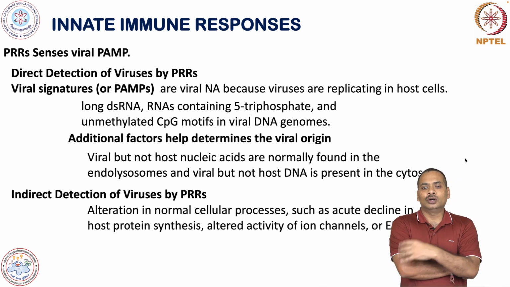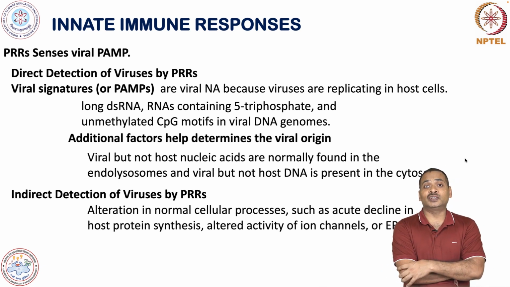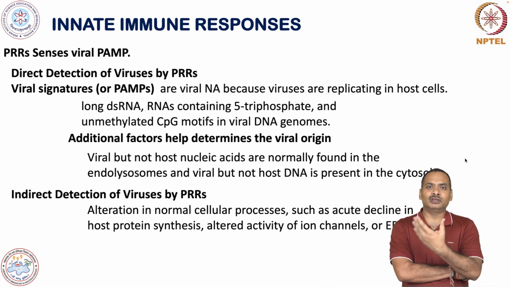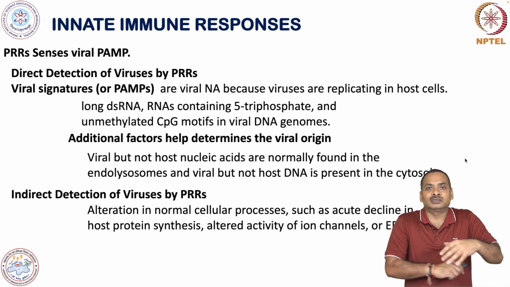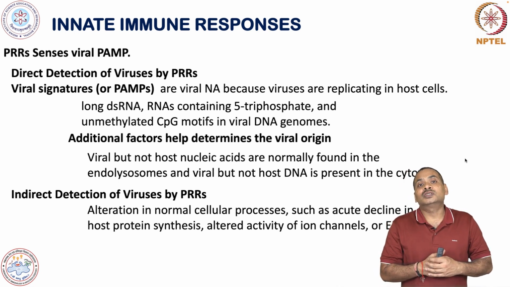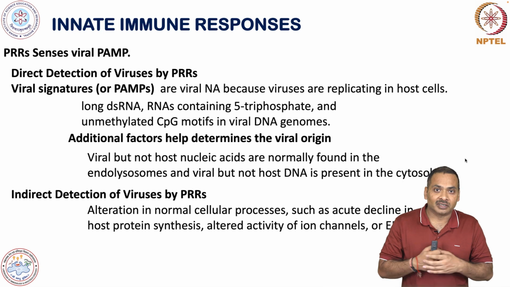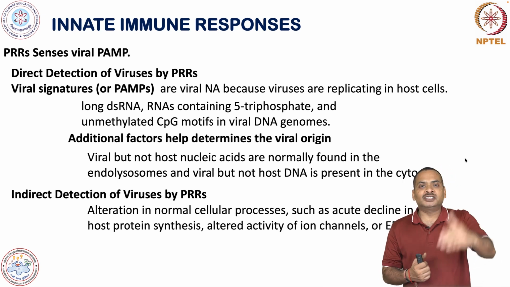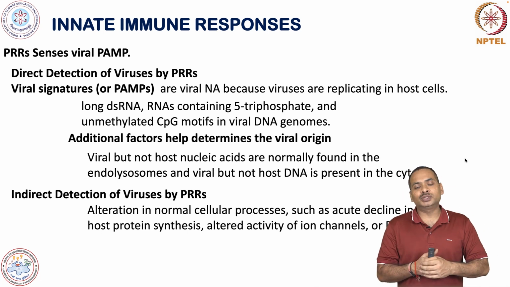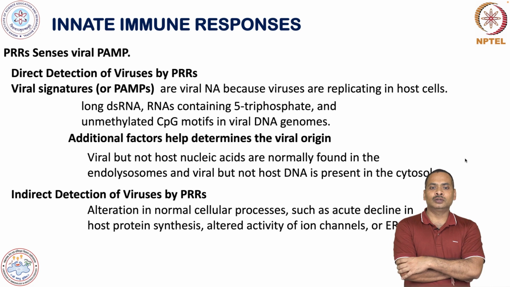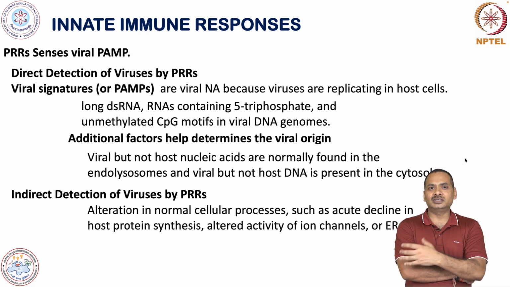Altered activity of ion channels and ER stress. That will also result in ER stress, because you know that protein is synthesized over the ER, the endoplasmic reticulum. So there will be a massive synthesis of viral origin protein, and that also causes ER stress. Alteration in ion channels, you can understand.